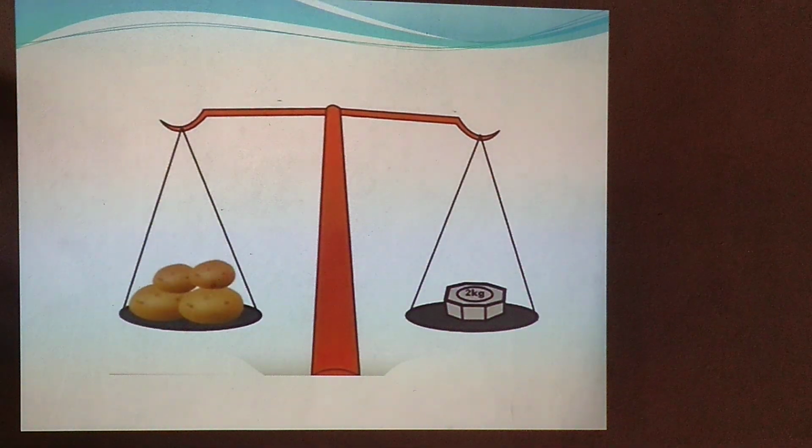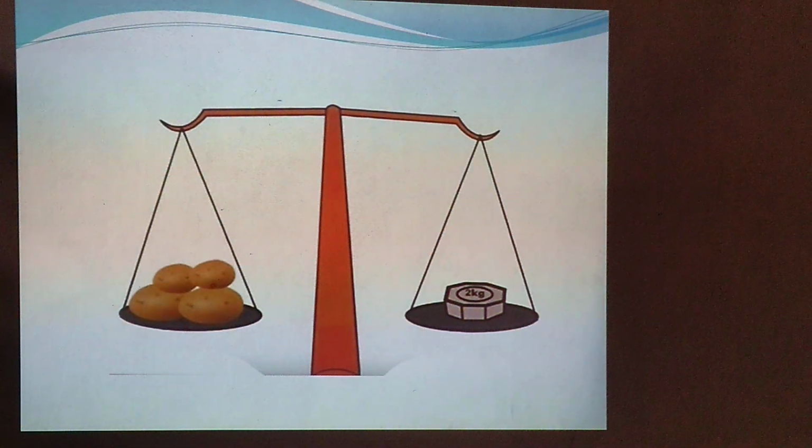But if you see on your right hand side, there is a weight which measures 2 kg. And that is the known measurement, 2 kg. So the mass of the potato is being compared with this known 2 kg weight. In that way, we are comparing an unknown quantity with the known one.